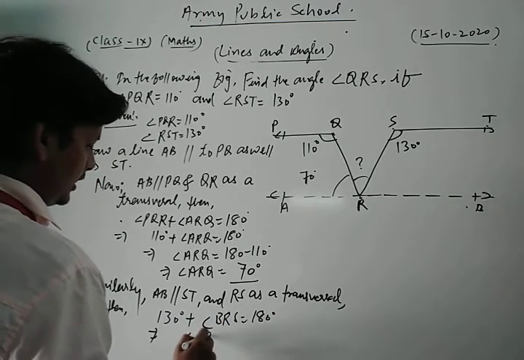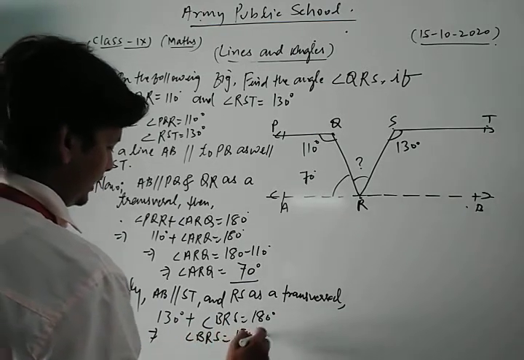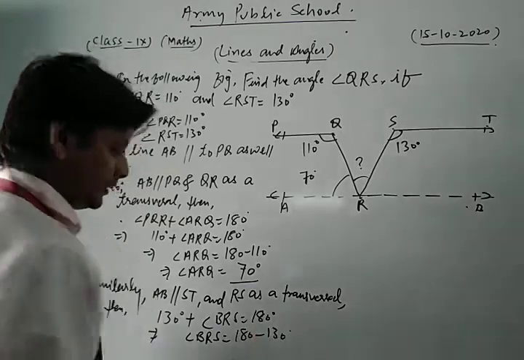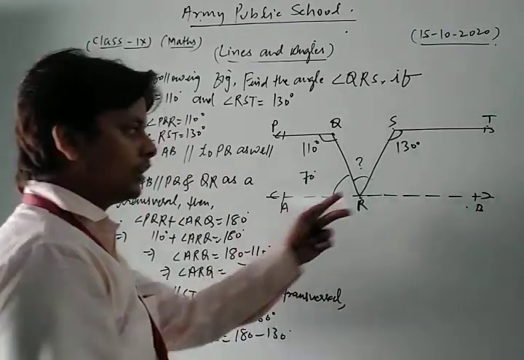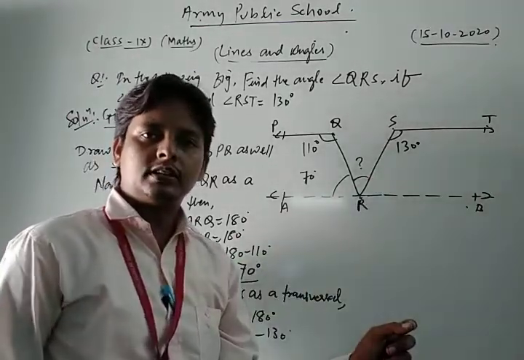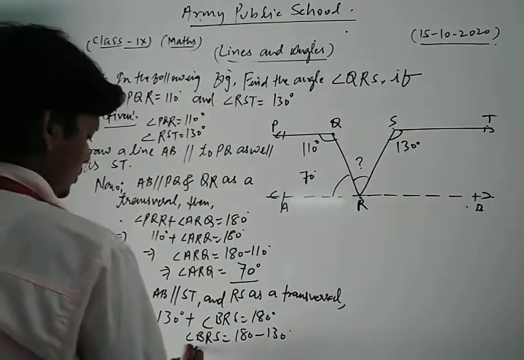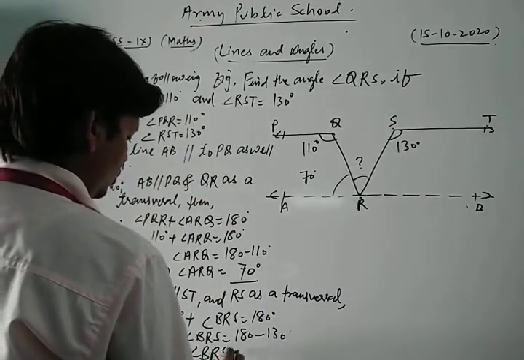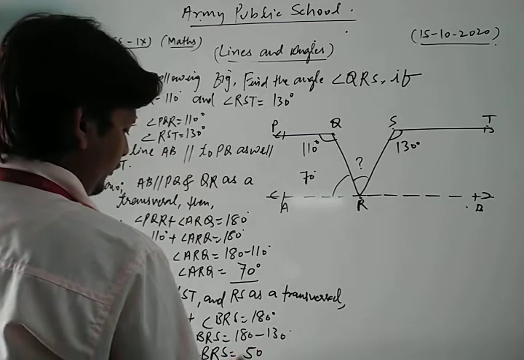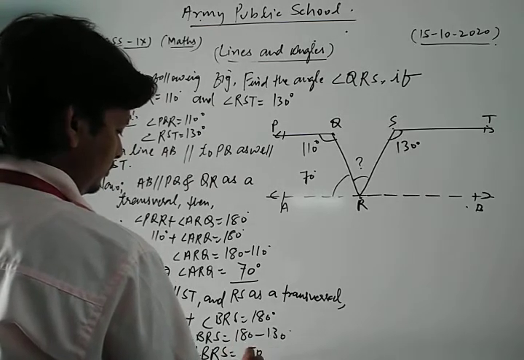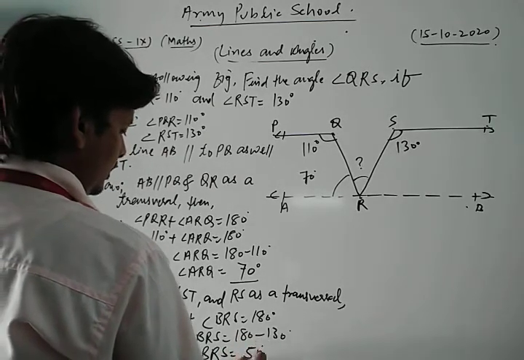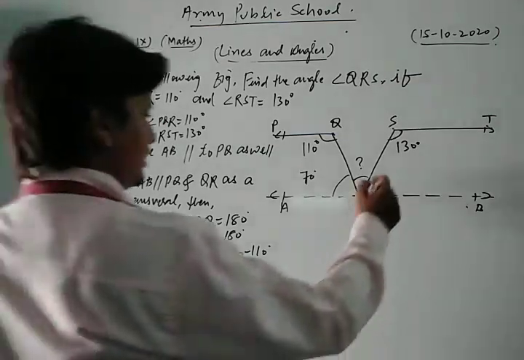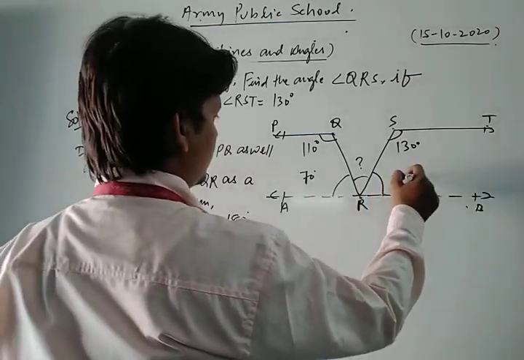So angle BRS is equal to 180 minus 130 degrees, because these are also consecutive interior angles. Now angle BRS is equal to 50 degrees. This is found as 50 degrees.